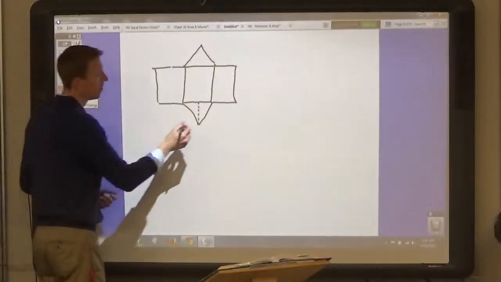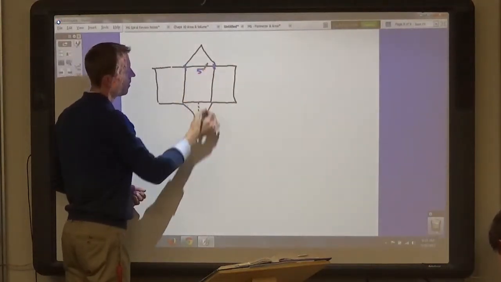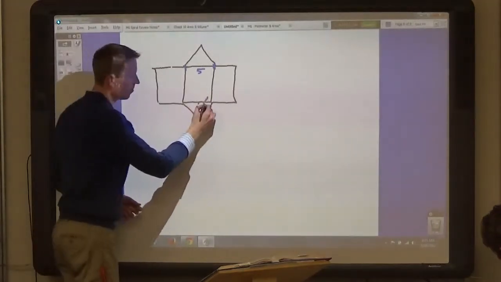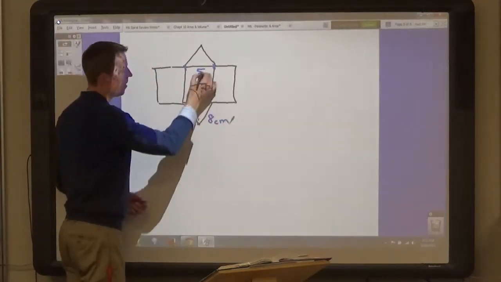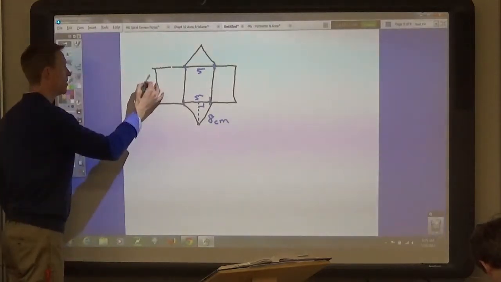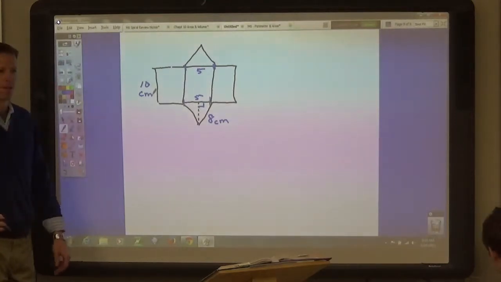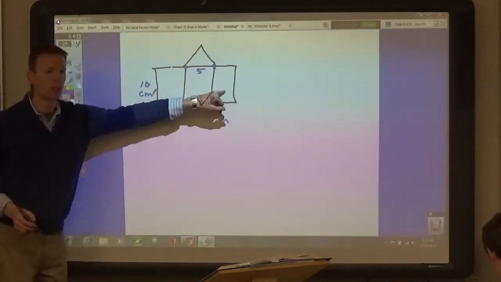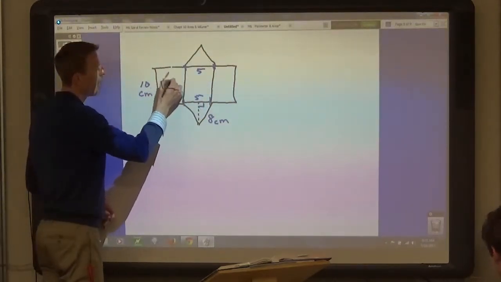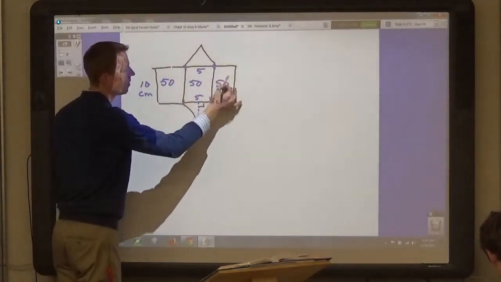So base times height. So if this width is 5 and the height is 8 centimeters, and the base is 5 centimeters, and then this is 10 centimeters. Okay? So for each of these, you would use what formula, Chase? Base times height. Base times height, 10 times 5, right? So this is 50, this is 50, this is 50.